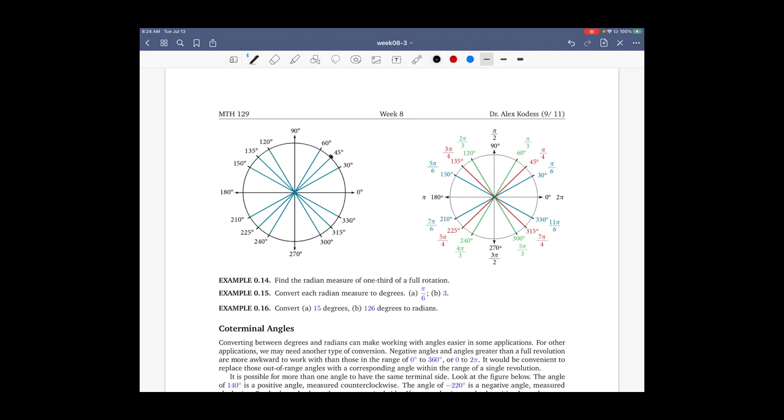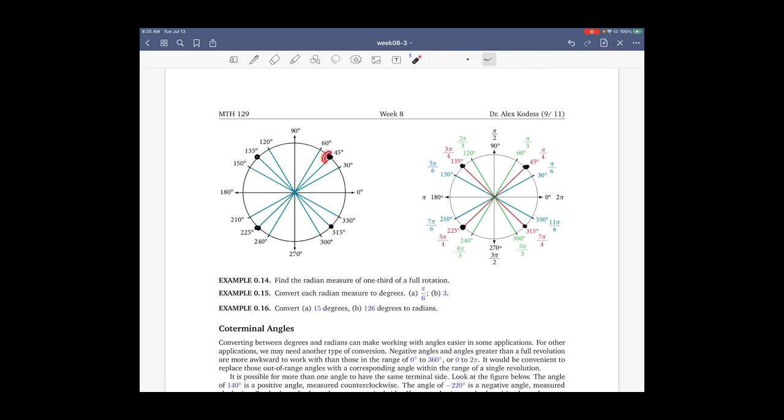Angles 45 degrees, 135 degrees, 225 degrees, and 315 degrees, as well as their corresponding radian measures: pi over 4, 3 pi over 4, 5 pi over 4, 7 pi over 4, have a clear geometric meaning.